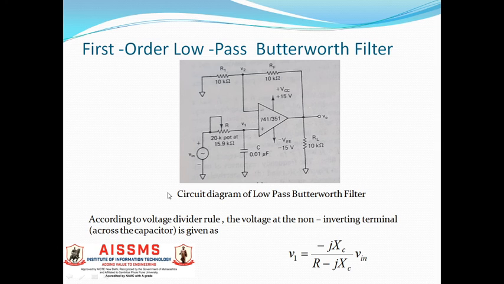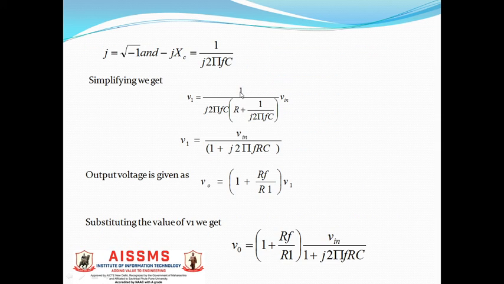So you get it as 1 upon j 2 pi fC into the bracket R plus 1 upon j 2 pi fC, the whole into V in. So you get V1 is equal to V in upon, this is going to get cancelled when you multiply, 1 plus j 2 pi f RC, right?